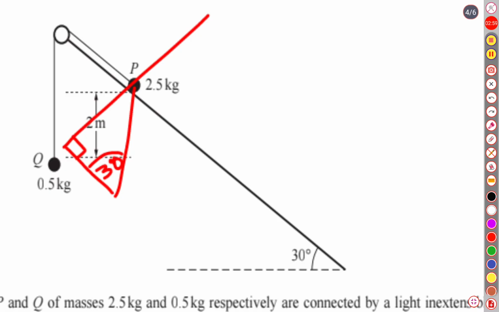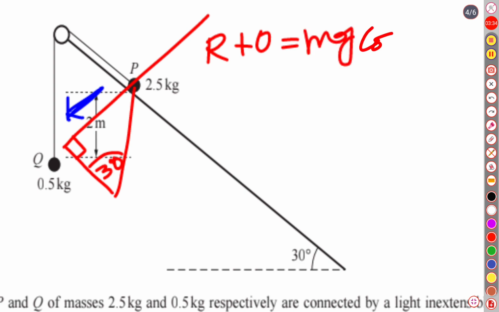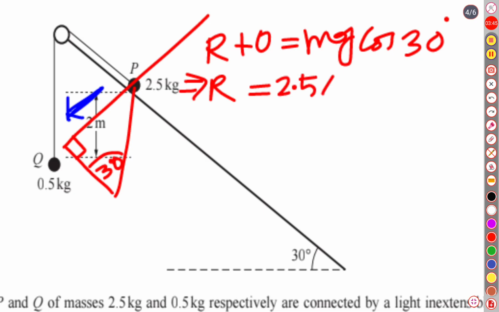First of all we will have to find the normal reaction force on particle P. There is no upward force acting on the particle, so R plus 0, and the downward force is the component of the weight, which is mg cos 30 degrees. So R is equal to the mass of particle P, 2.5, times acceleration due to gravity 10, times cos 30, which is root 3 over 2.